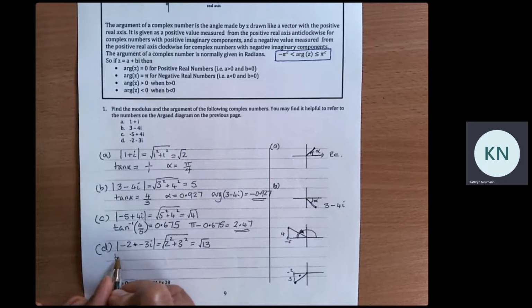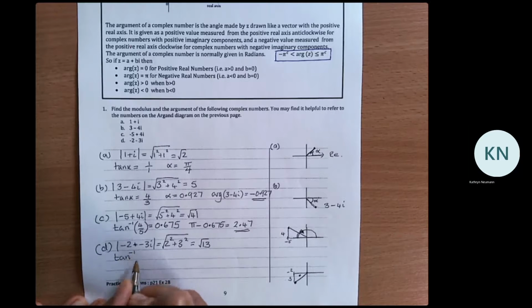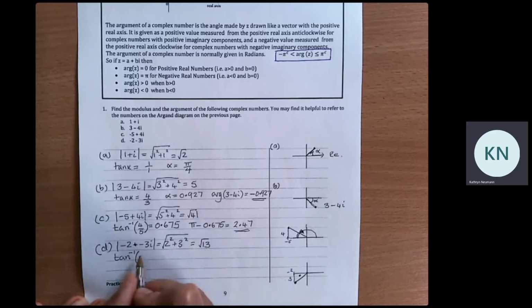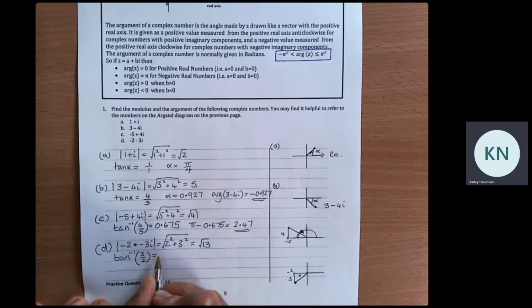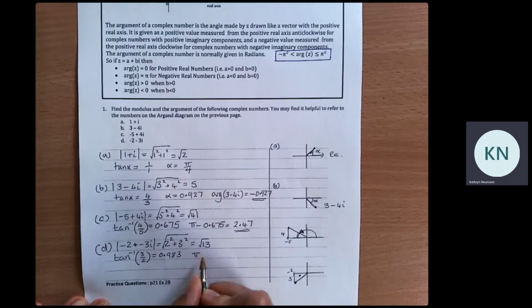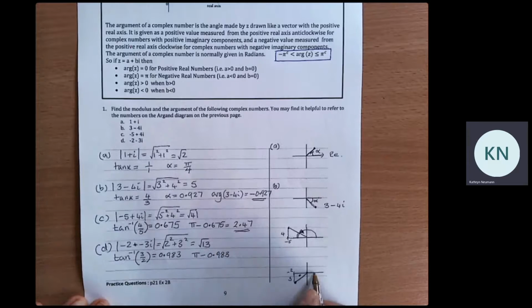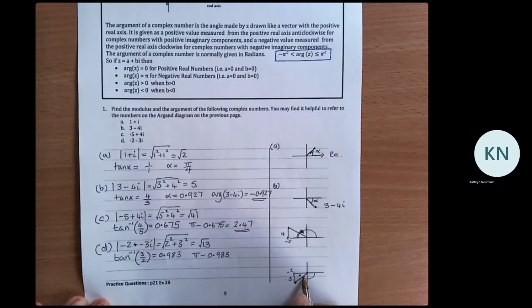So we're going to say inverse tan of 3 over 2, and that is equal to 0.983. Then I want to say pi minus 0.983, because I want this angle here.